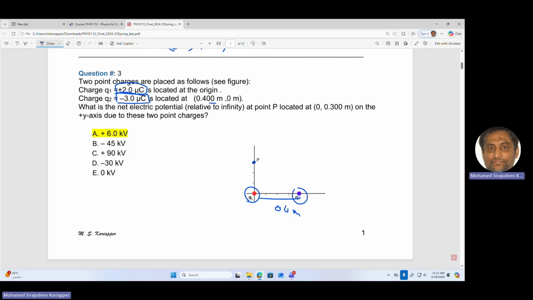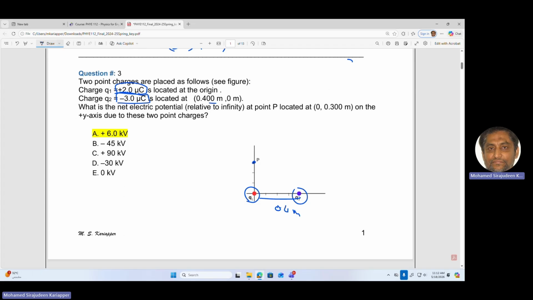Okay, so there's a potential. The previous one, the equation for potential is this. This is for a uniform electric field. But then here you are talking about point charges. Then there will be another formula because these are point charges. It's not a uniform electric field.